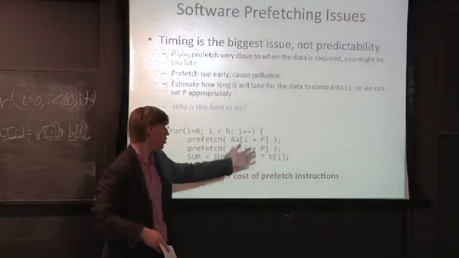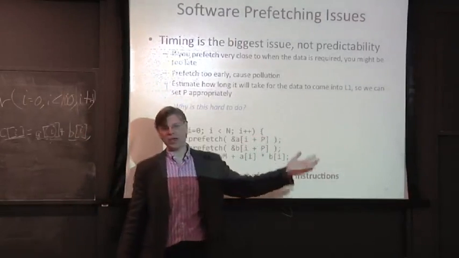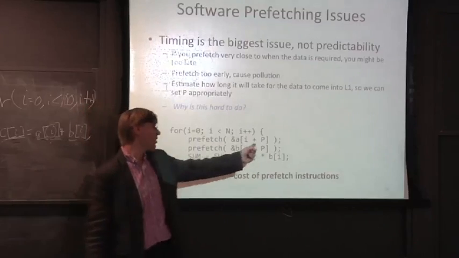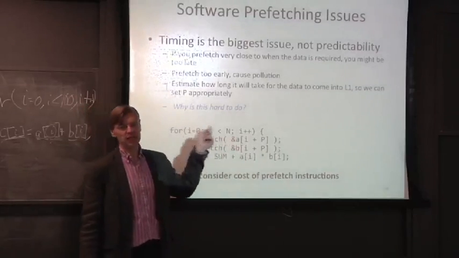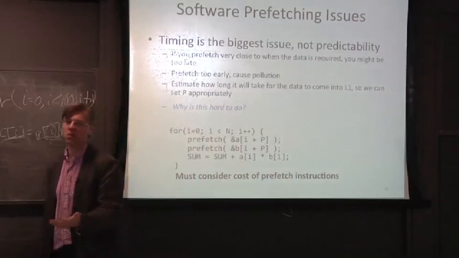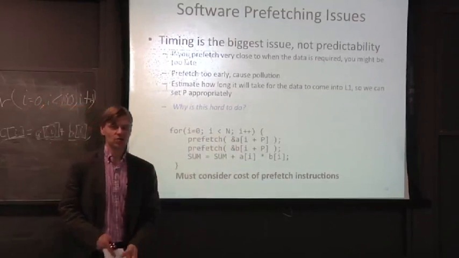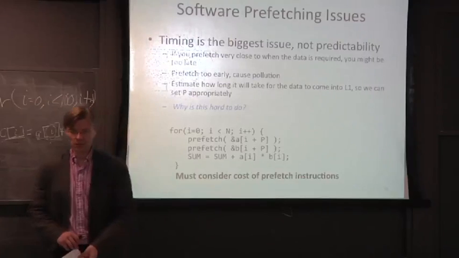So if we set P huge, we would be pulling in data potentially way too early. If we set this to, let's say, bigger than the array size of A and B, it's very possible that we'd actually be polluting the cache with wrong data, if you will.